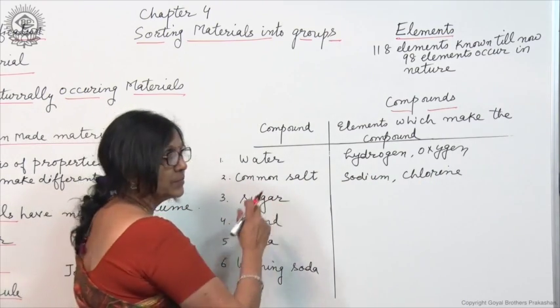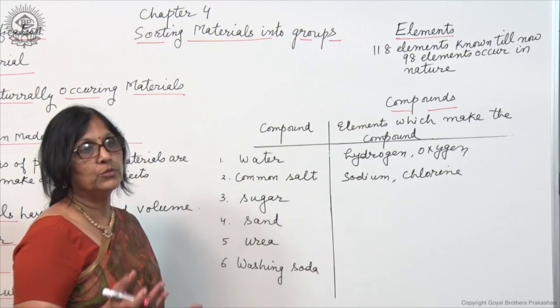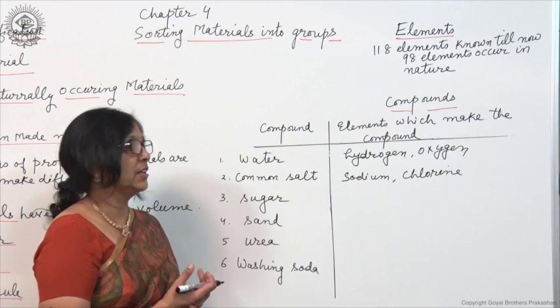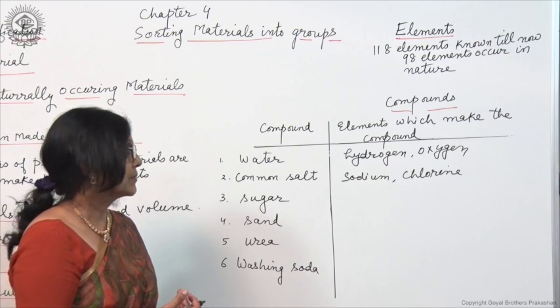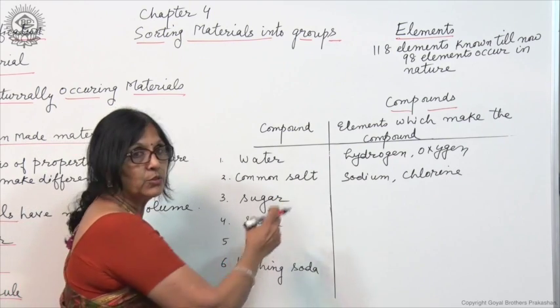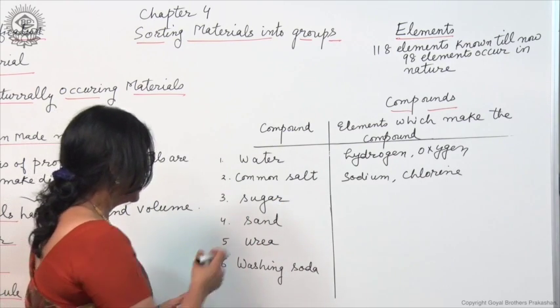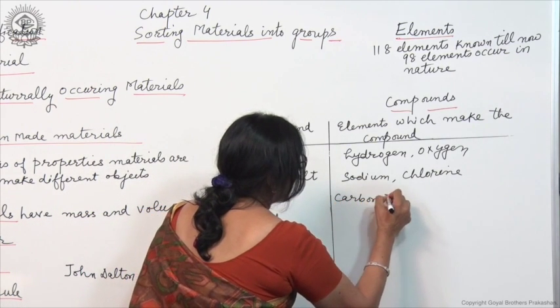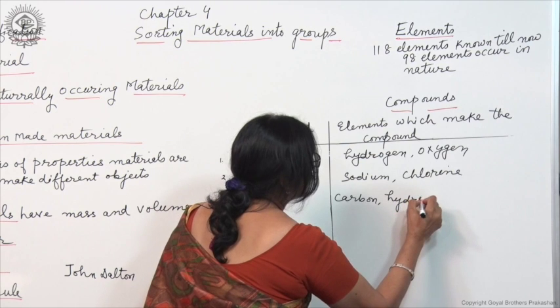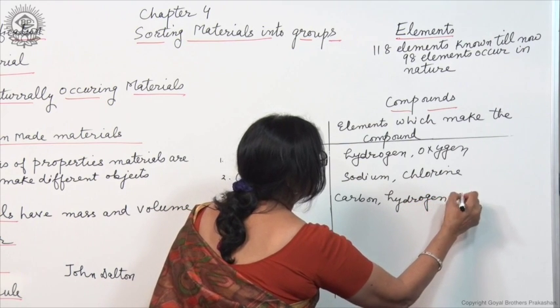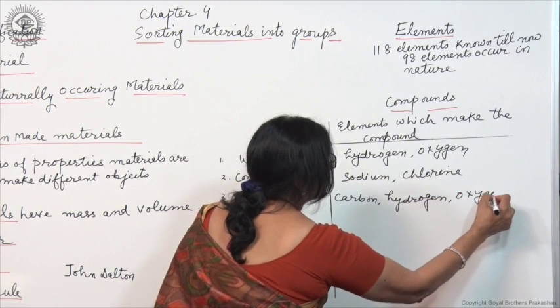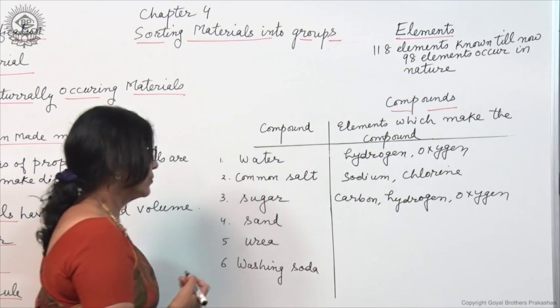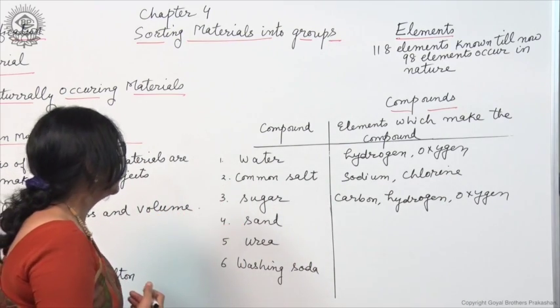Now, common sugar which you add to milk or to make squash. Sugar used in the kitchen is made up of the elements carbon, hydrogen, oxygen. So, these three elements combine to form sugar.